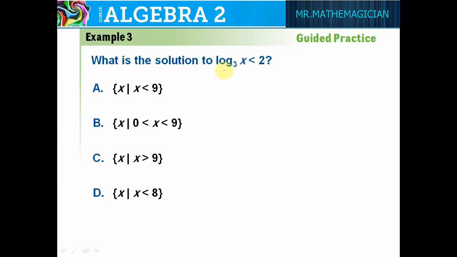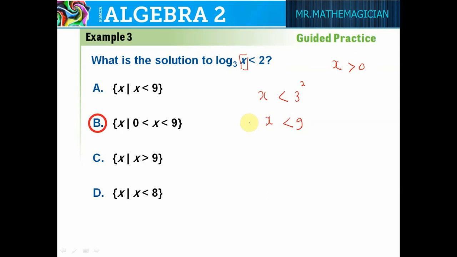What is the solution to log x to the base 3 smaller than 2, whether it's A, B, C or D? Pause the video and try to choose, and you will find it B. Let me show you how. We can transform this one into the exponential form, so x will be smaller than 3 to the power of 2, so x is smaller than 9, but we have here x is after the log, so you should know that x is bigger than 0 because log cannot affect 0 or a negative number.